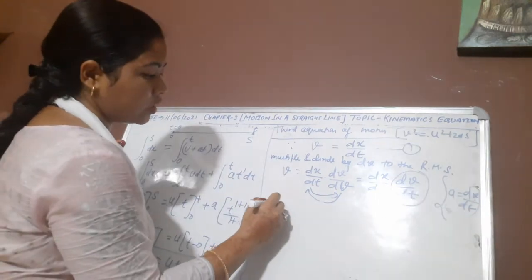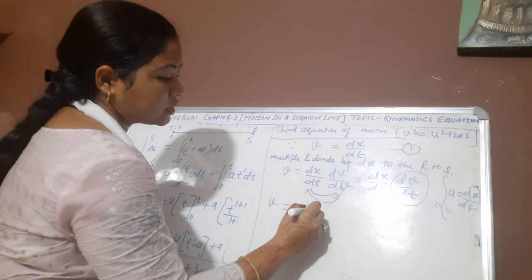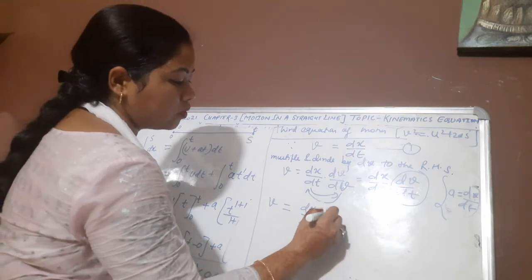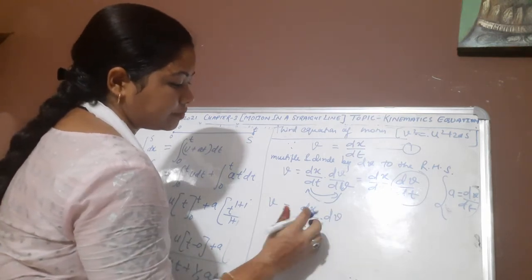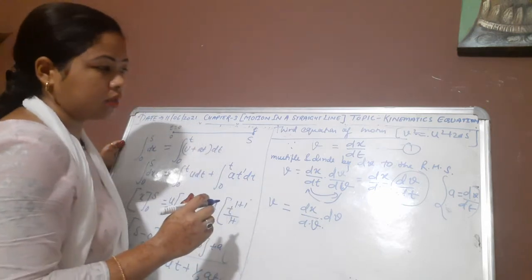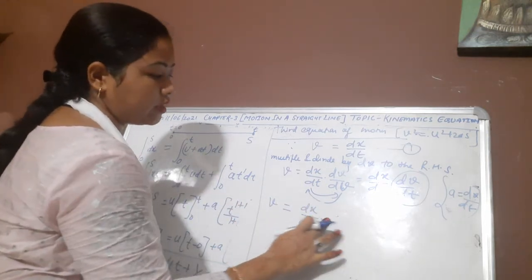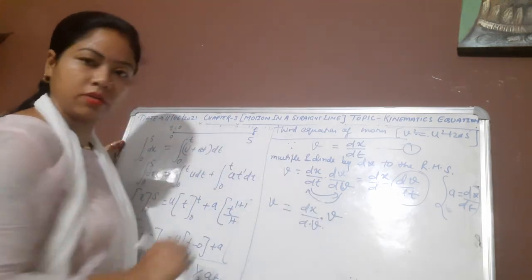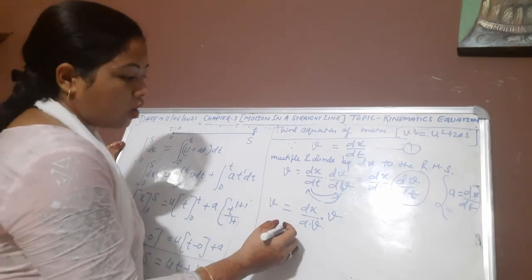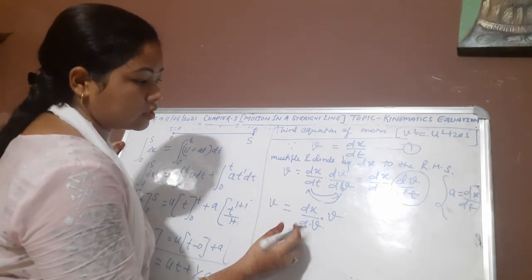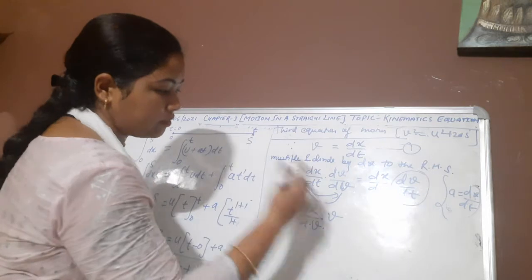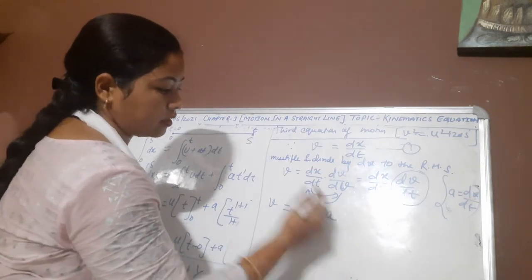So you can write v equals dx upon dv into v, sorry, dx upon dv into dv upon dt, which will be a, so we write here a.